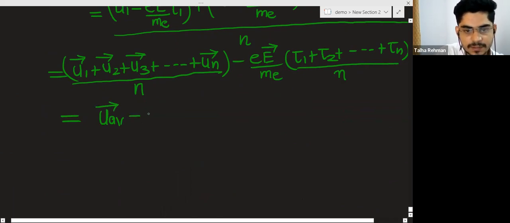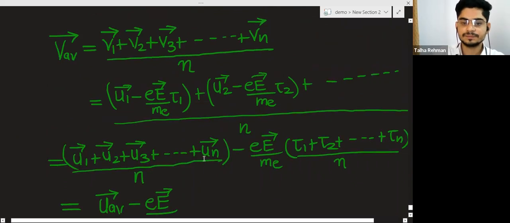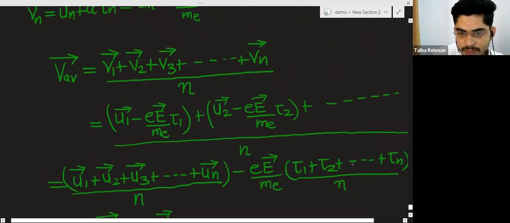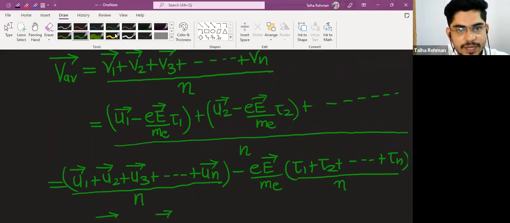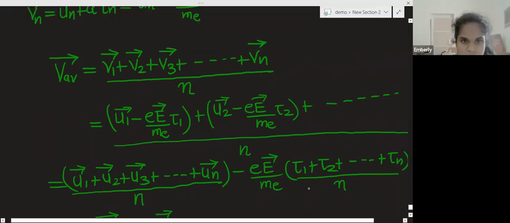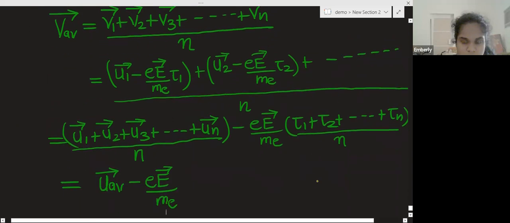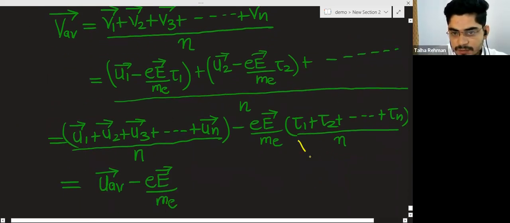And here is e E by m e, and there is one term, tau 1 plus tau 2 plus tau, and this is something known as relaxation time.